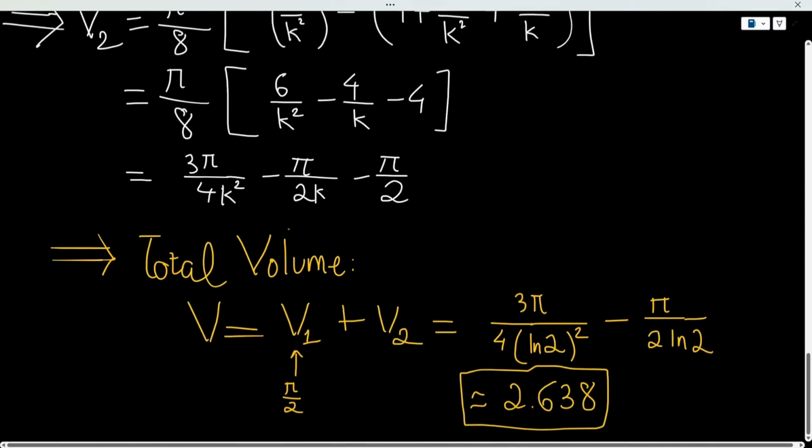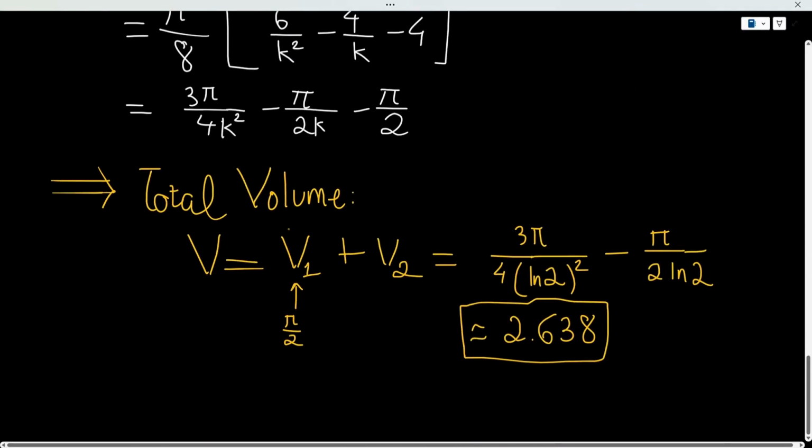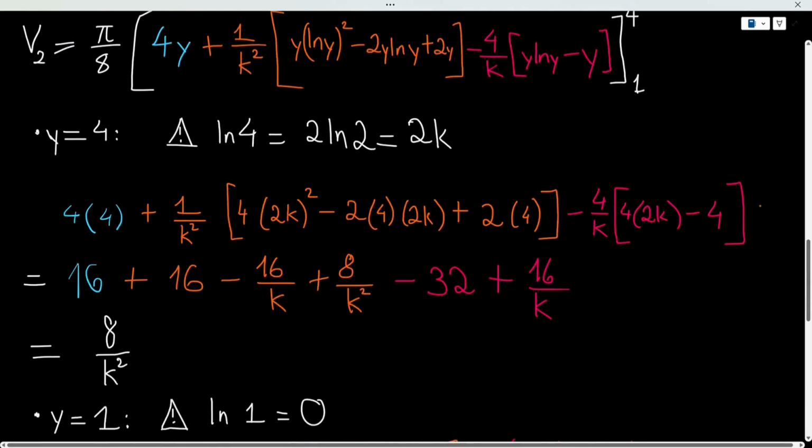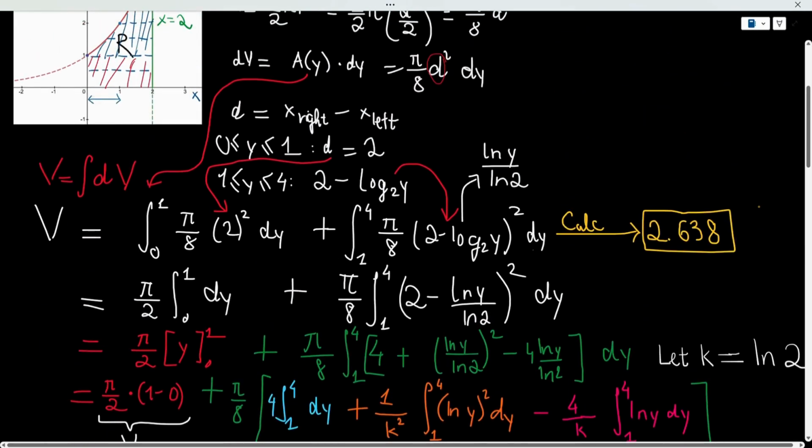After all of this, I got this answer for the whole problem: the total volume is 3 pi over 4 ln of 2 squared minus pi over 2 ln of 2, which is 2.638. When I checked with my calculator, I also got 2.638, so they are both the same.